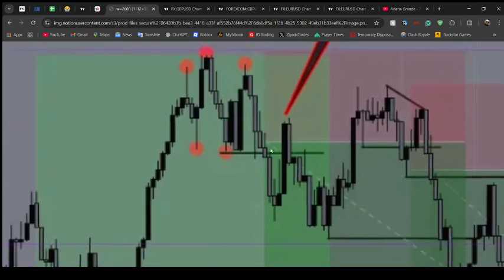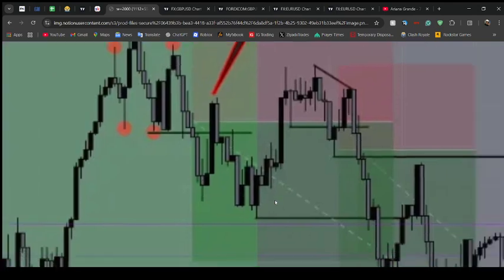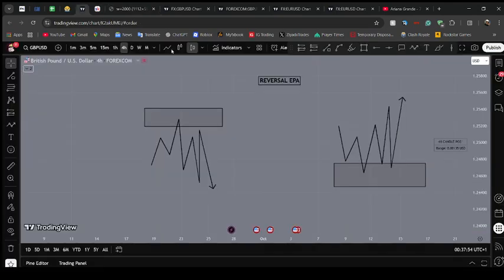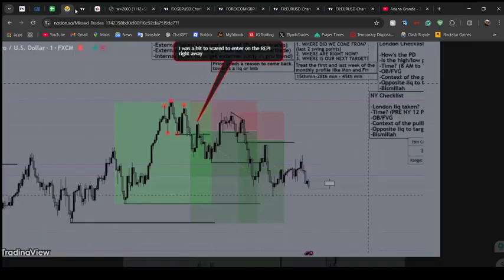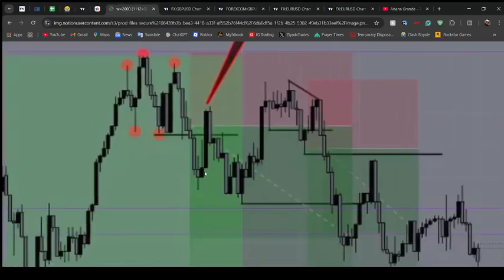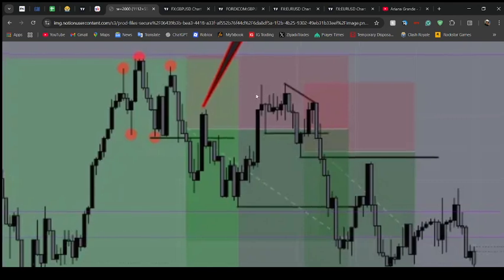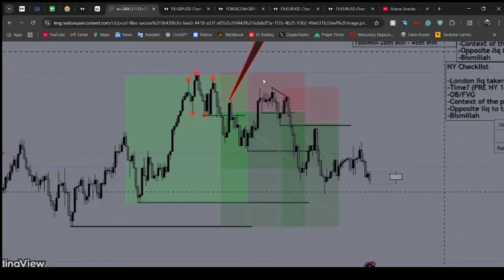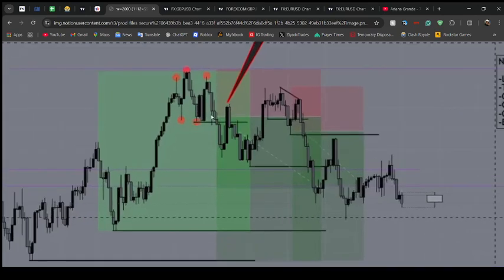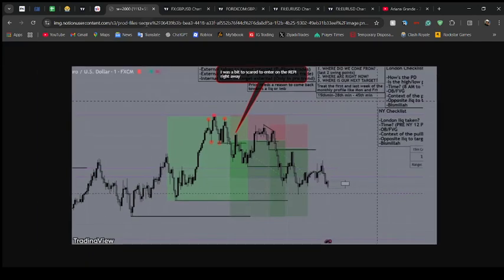So it was valid for you to enter from here right away. Or, like I said, you can wait till this high gets induced, then you enter. So from here, you had two entry options: enter as soon as this low is broken, or wait till this high gets induced. It's a highly correlated model. Anyway, you enter from here right away, or you wait till this high gets re-induced, and then you enter.